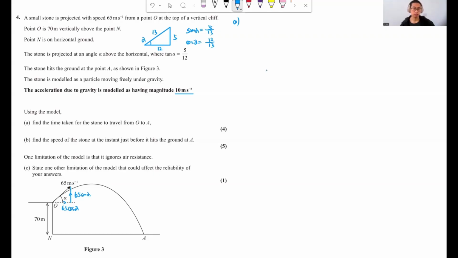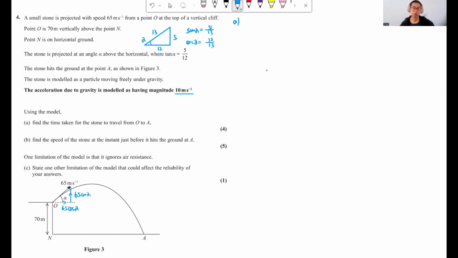Because they ask us to find the time taken for the stone to travel from A to O, we don't know the horizontal distance. That means we can't really use the horizontal component, because the horizontal is just constant velocity. Velocity times time gives you displacement, so if you don't know the displacement, working out the time is not possible.